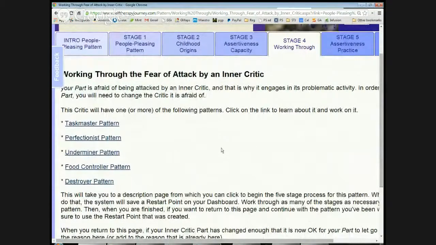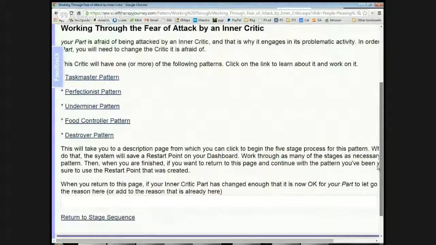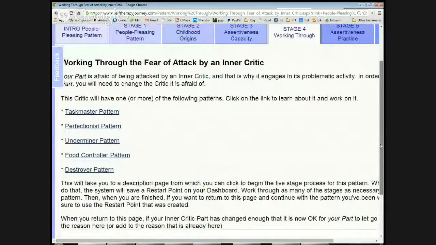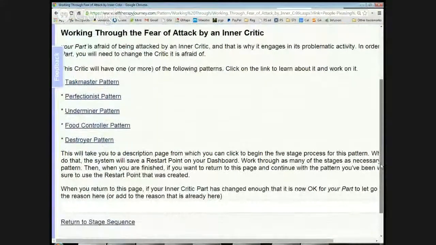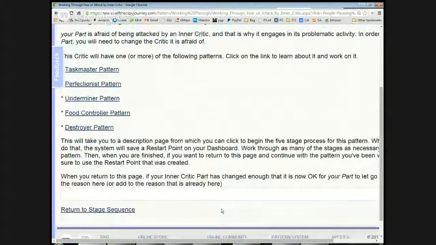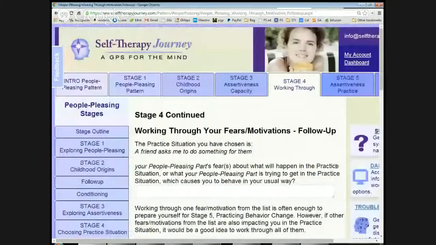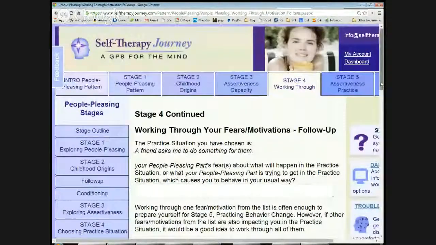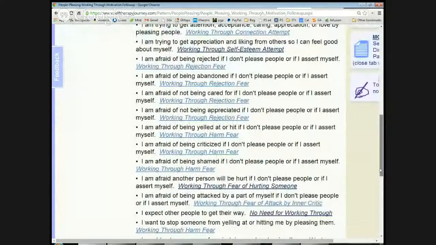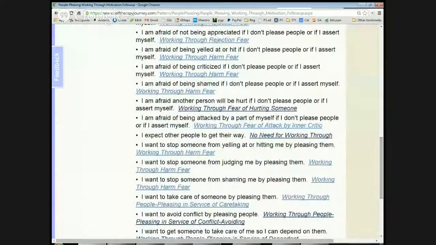And so here are links to 5 patterns in self-therapy journey that are related to specific types of inner critics. You can click on any of those 5 and work on those inner critics enough that you're not likely to get attacked, and then you won't be so afraid of asserting yourself, or in this case, saying no. So here's another one.